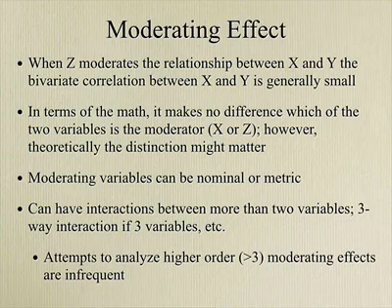In terms of the math, it makes no difference what your Z variable is and what your X variable is, because the final result will, as you'll see, be equal, but theoretically, the distinction likely makes a big difference. So mathematically, it makes no difference what's Z and what's X. Those variables could be interchanged. We could do the analysis, and the results would be the same either way.